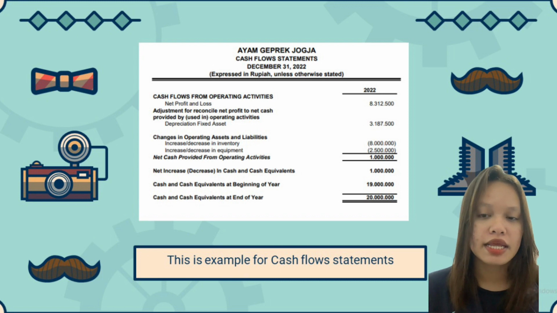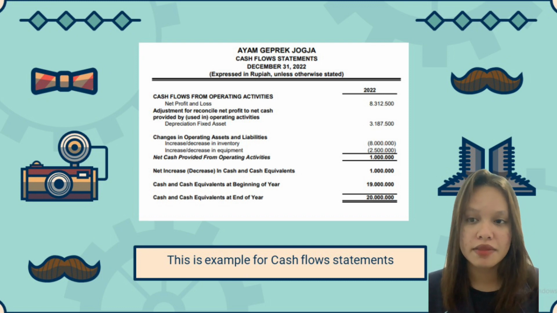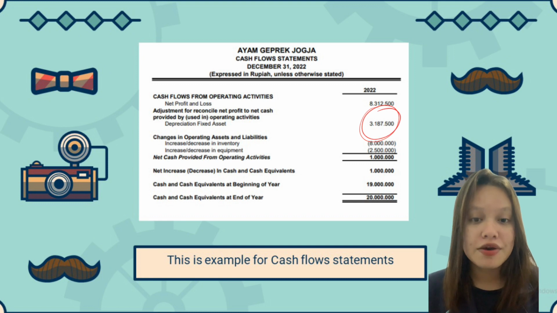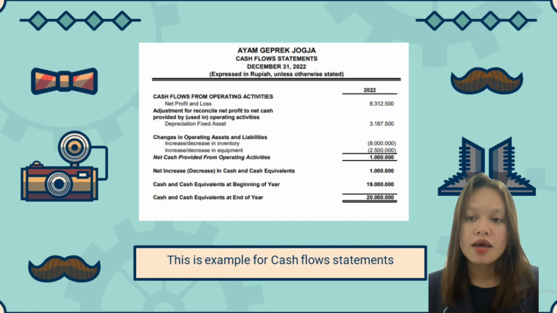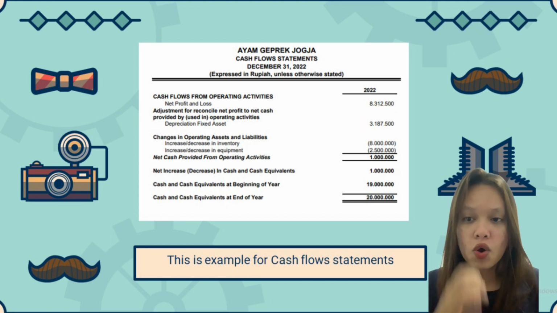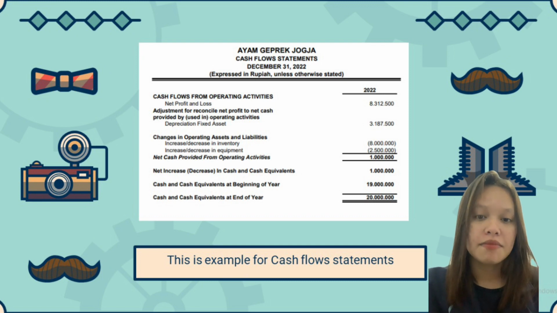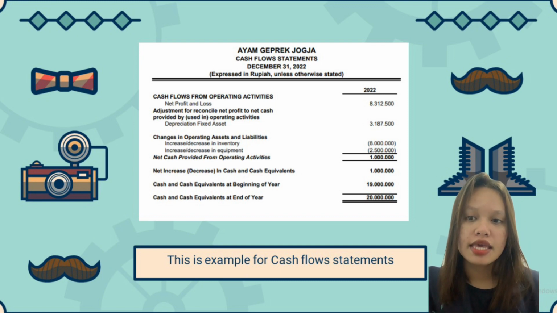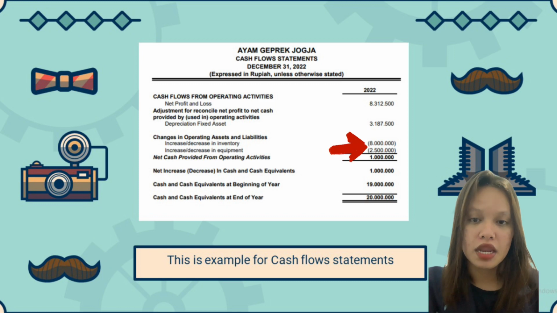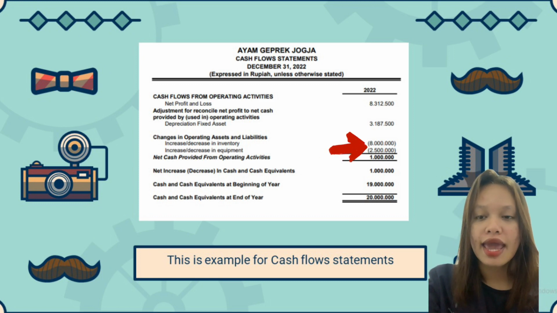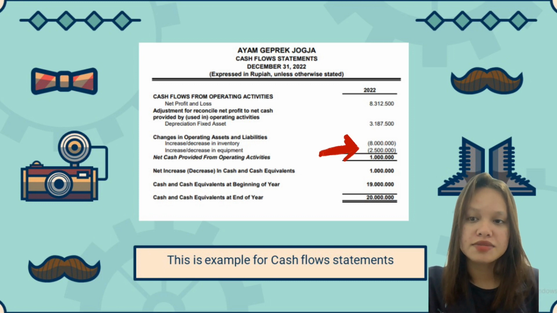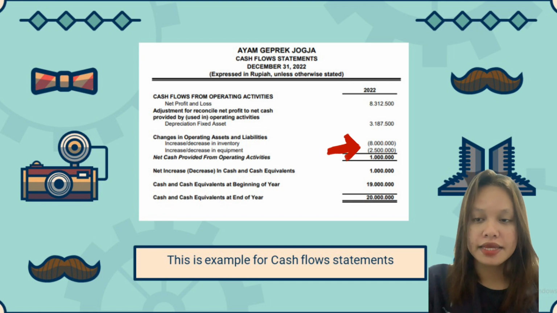Adjustment to reconcile net profit to net cash provided by operating activities, there is depreciation of fixed assets of 3,187,500 rupiah, minus the change in operating assets and liabilities, which is 8,000,000 and 2,500,000, and the result is net cash provided from operating activities of 1 million.